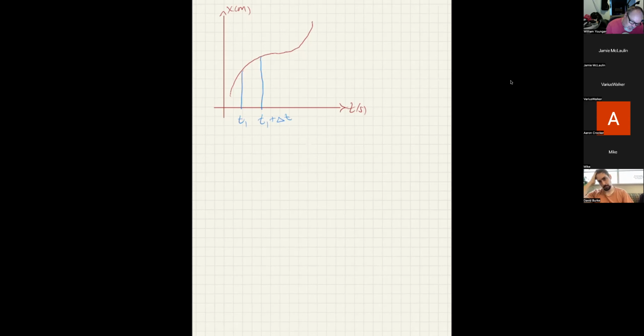But if we take the slope between these two points, the rise is x of t1 plus delta t minus x of t1, and the run is t1 plus delta t minus t1. So the slope, m, would be x of t1 plus delta t minus x of t1 over basically just delta t.